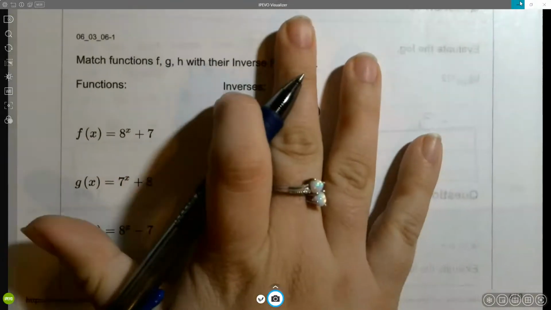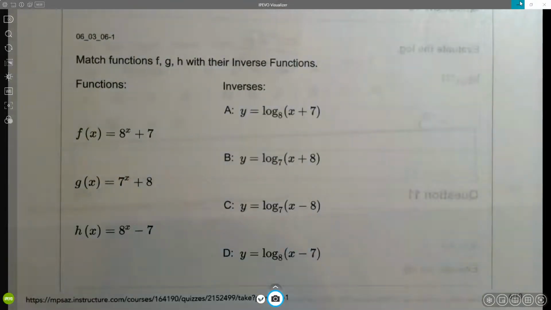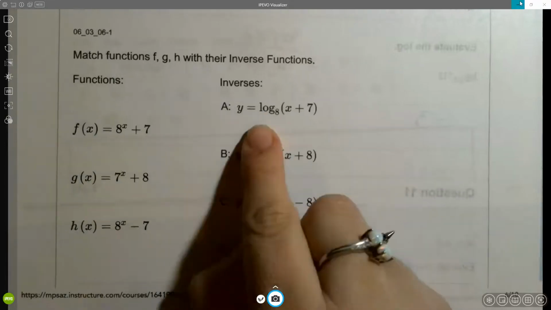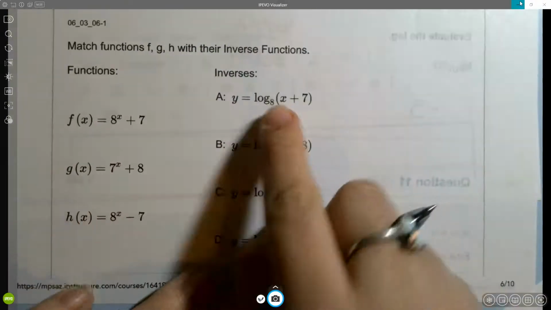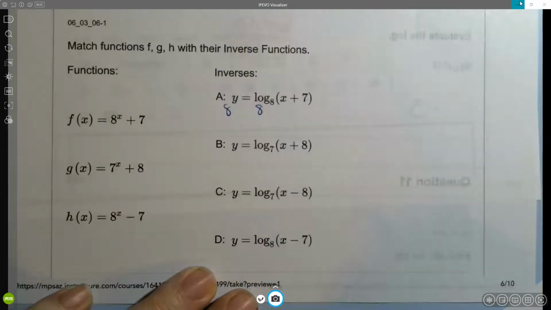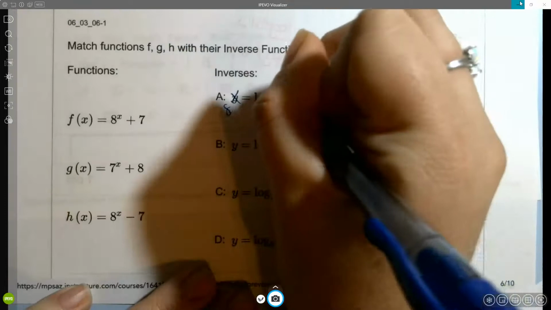Number 13 wants me to match up with inverse functions. To find the inverse functions, what I'm going to do is I am actually going to work with the inverses and match up to the function, because I find it easier to go from logs to exponential. So on this one, I raised them both to 8, and I would switch the x and y.